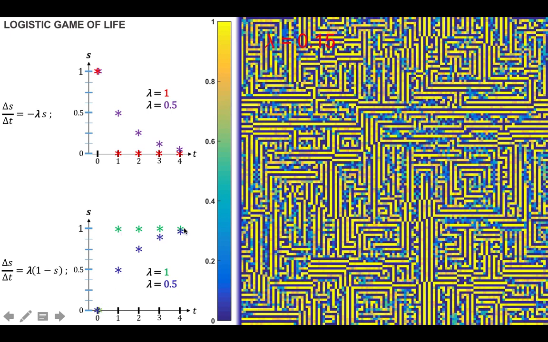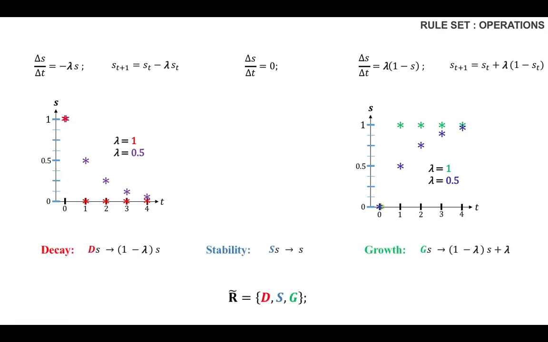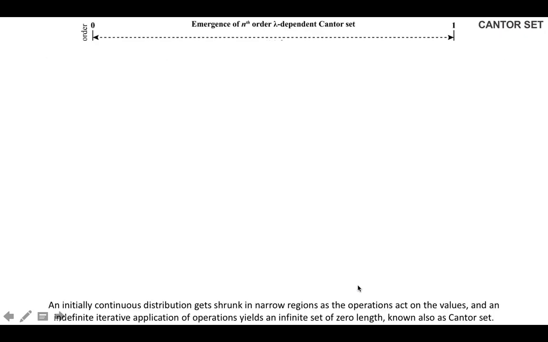When lambda is lower than 1, then you have asymptotic growth. So our growth and decay become asymptotic growth and asymptotic decay. And we are going to use these abbreviations: D stands for decay, S stands for stability, G stands for growth.